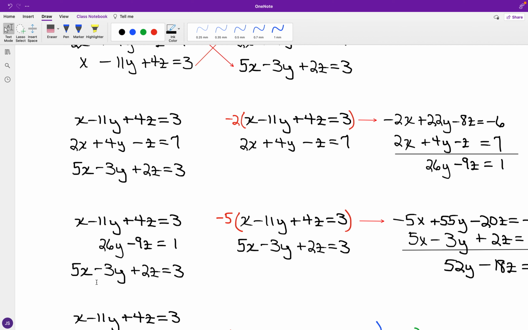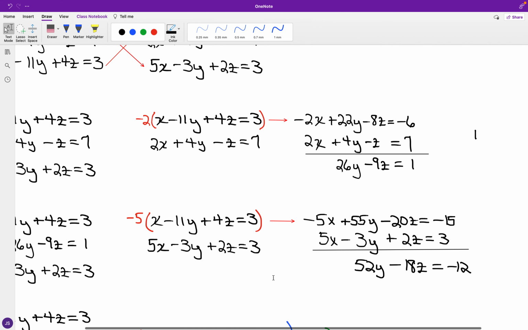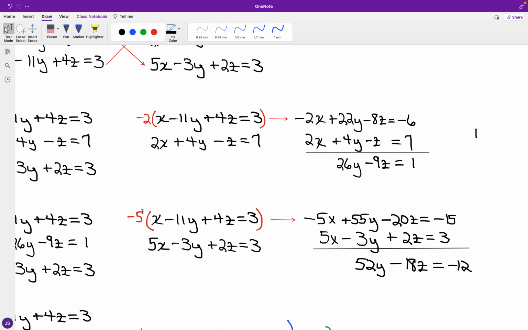First of all, we have an x term, and I want to get rid of this. The x term that exists is 5x, and if I interact with the first equation, that which is going to eliminate 5x is negative 5x. So I can multiply the first equation by negative 5. Looking at the transition, negative 5 times the first equation, we now have negative 5x plus 55y minus 20z is equal to negative 15.